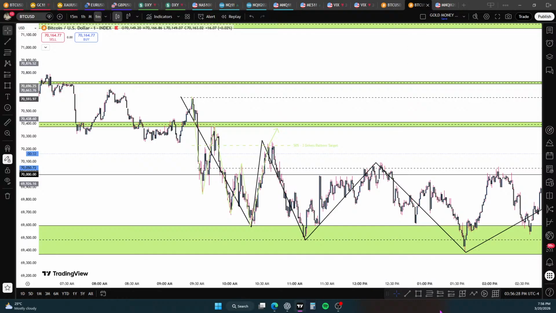Yeah, you should be able to see that. So it formed a three drives pattern here, 1, 2, 3, and then it gave the 50% target right there.